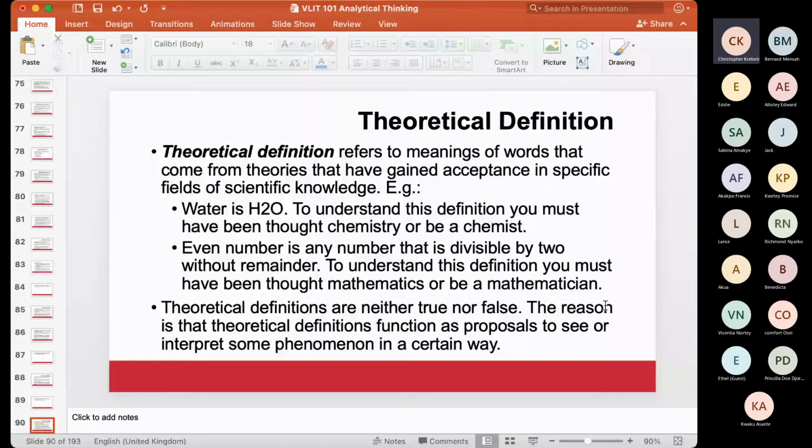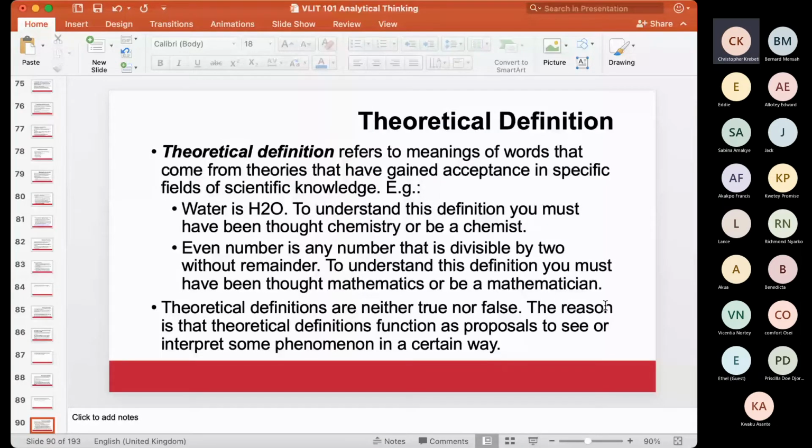For example, water is H2O. To understand this definition, you must have been taught chemistry or be a chemist to understand that water is what? H2O.